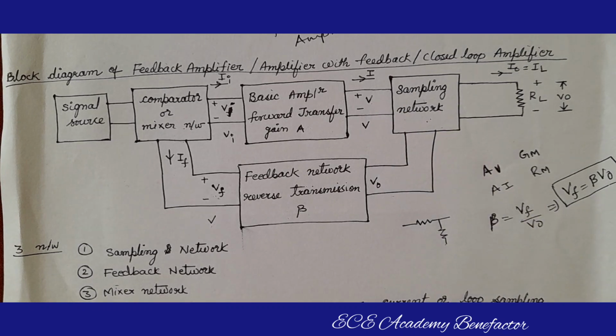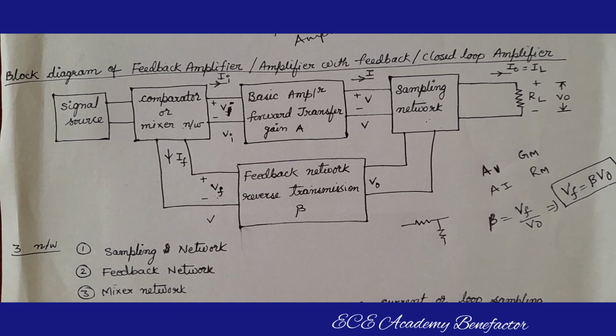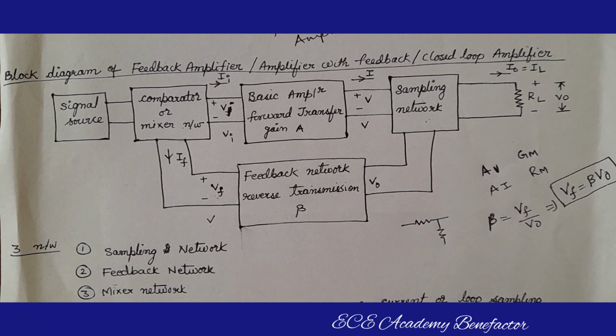One, the output voltage is sampled by connecting the feedback network in shunt across the output. This type of connection is known as voltage or node sampling. If it is connected in series, then we say it is current or loop sampling.